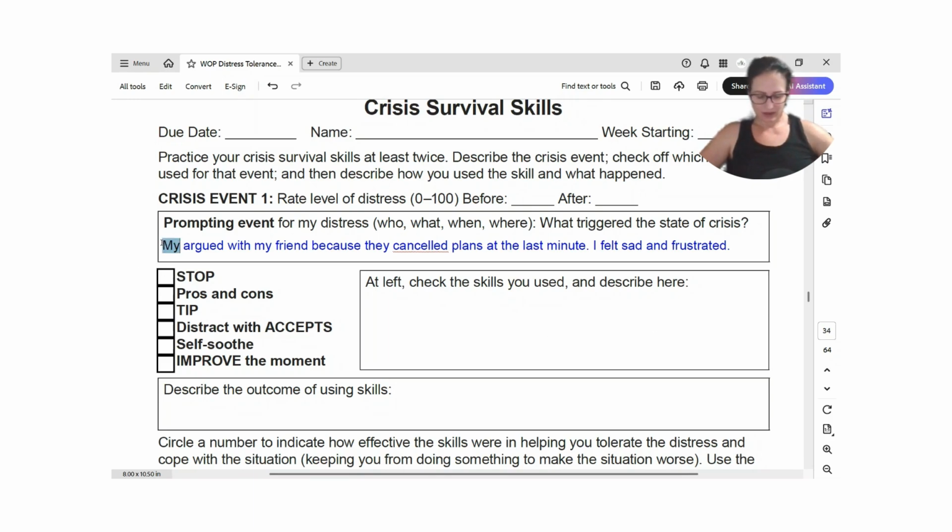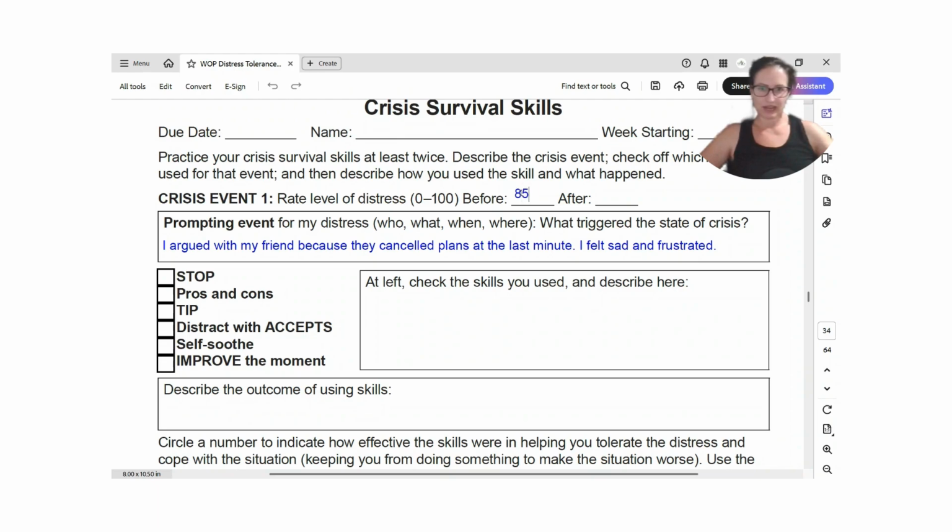Oops, that's supposed to say I argued. You'll see here that there's no judgments and it's just using the describe skill. Remember that practicing using your describe and your non-judgmental stance skills helps you to observe your experience more accurately and also respond more effectively.